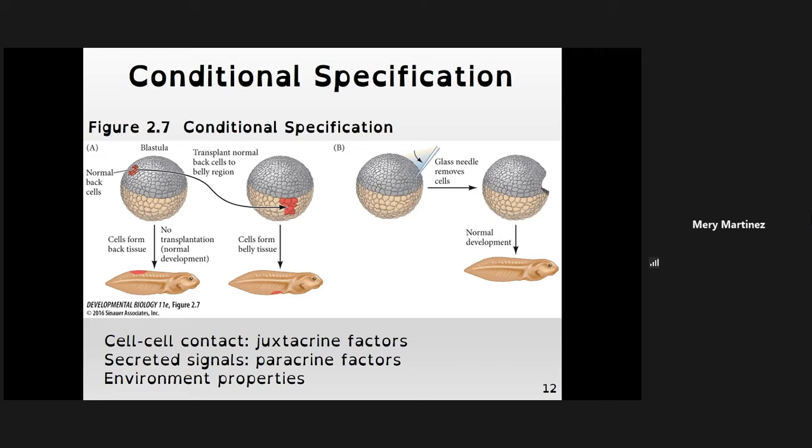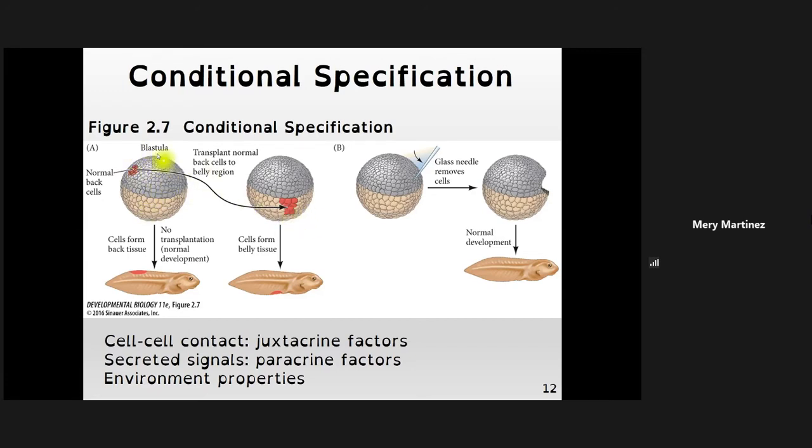Okay, so this ability of the embryonic cells to change their fate to compensate for the missing part is called regulation. Okay, so the cells that remain control to replace and regulate the creation of the embryo. So in here, we took that and we transplanted and put it in a completely different part, right?